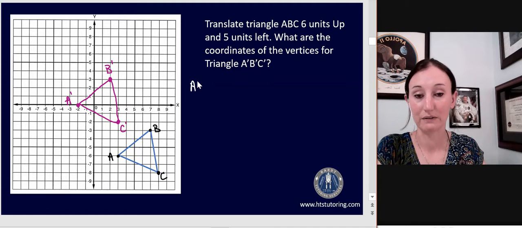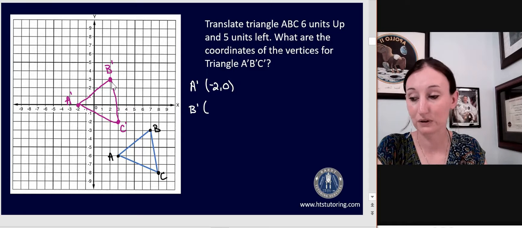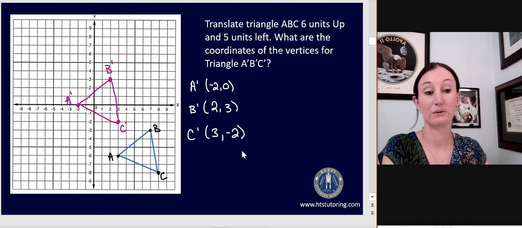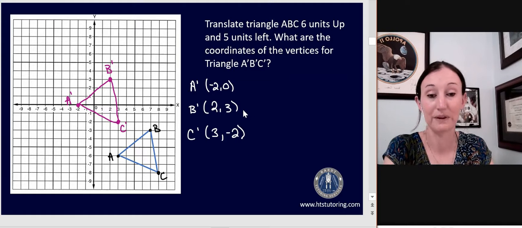We have A prime at -2, 0. And we have B prime at 2, 3. And we have C prime at 3, -2. So those are the coordinates of our new image.